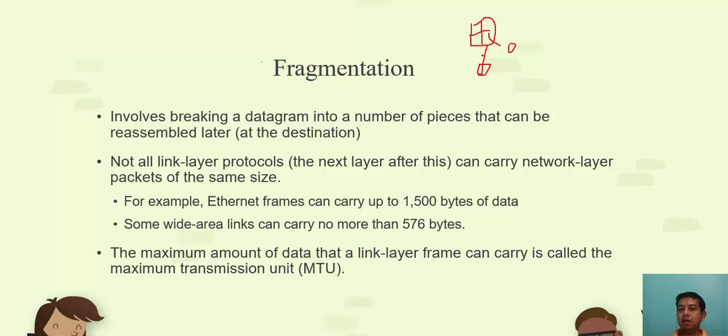It means more IPv4 packets are created from this datagram. The data part is divided into these smaller datagrams or fragments. Clear? The header information will always be there in every datagram. So fragmentation involves breaking a datagram into a smaller number of pieces, and these are later reassembled at the destination.